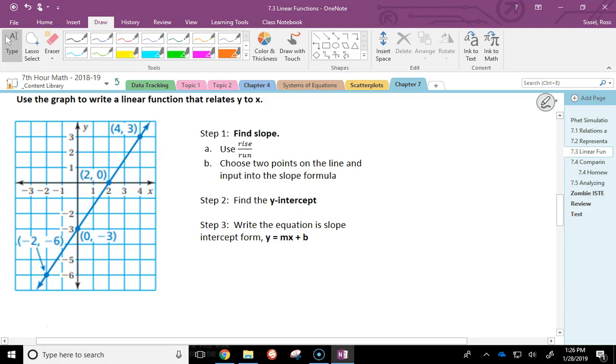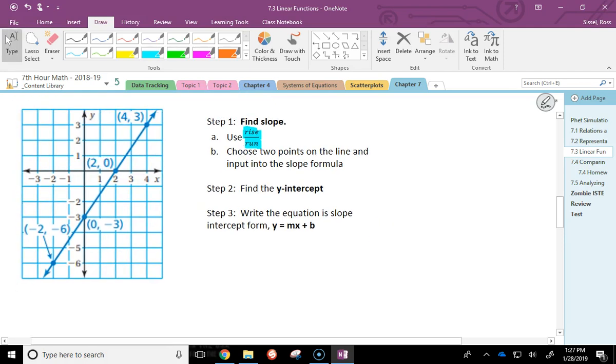It's in your foldable, so you should be able to see it. Step 1, we are going to identify our slope. Remember, slope is rise over run. Just like you did, we're going to choose 2 points on our graph, and we just identify the rise and run.